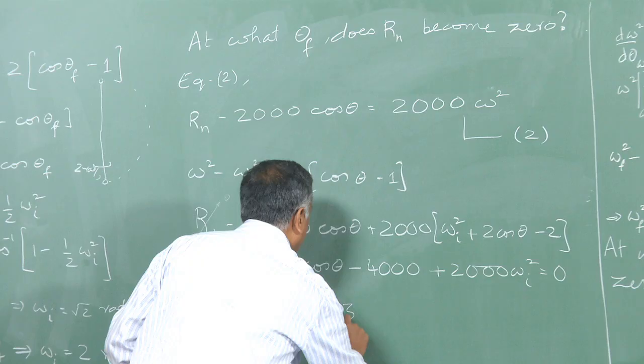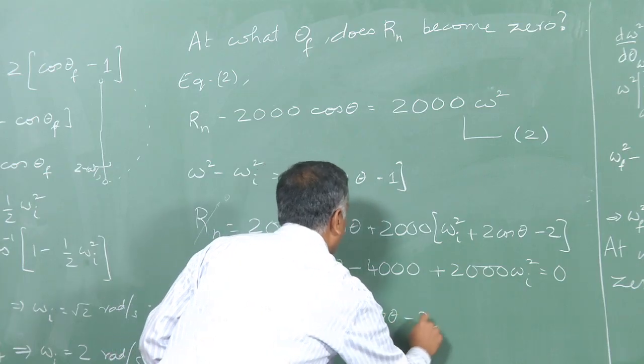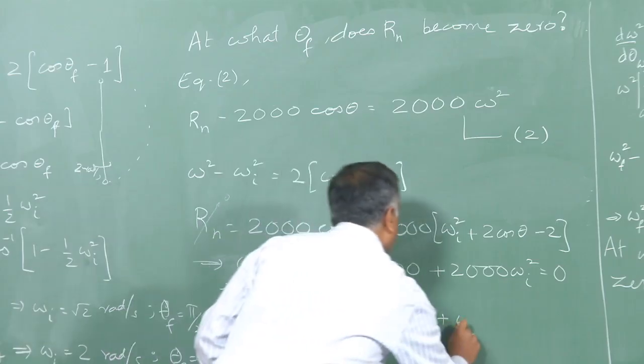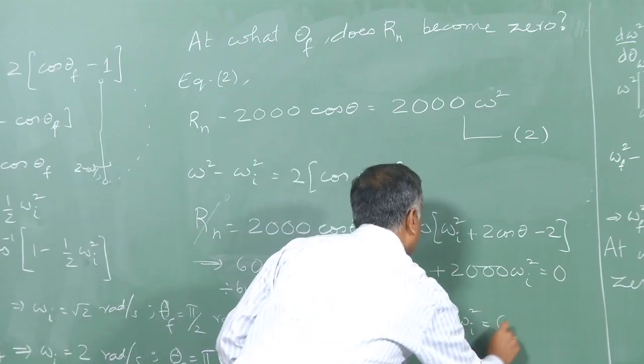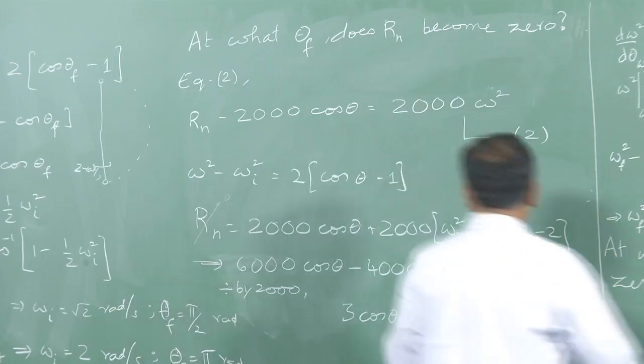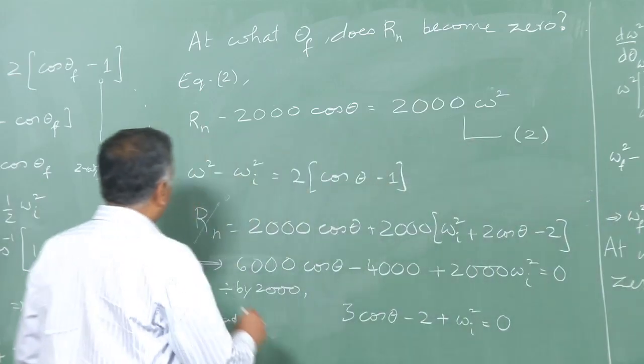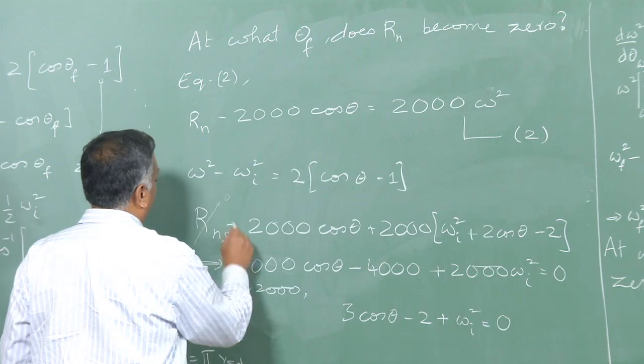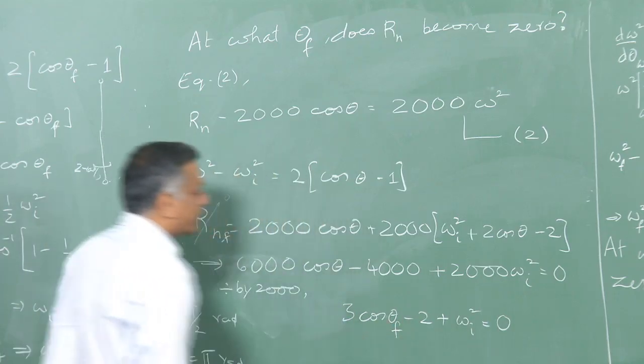This is 3 cos theta minus 2 plus omega I squared equal to 0. So if Rn is 0, that happens at this theta f.